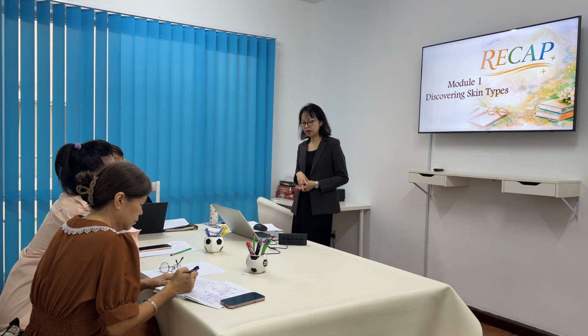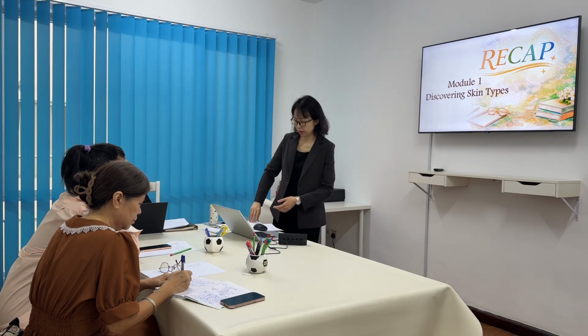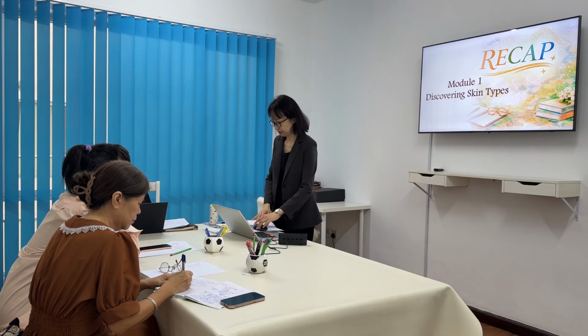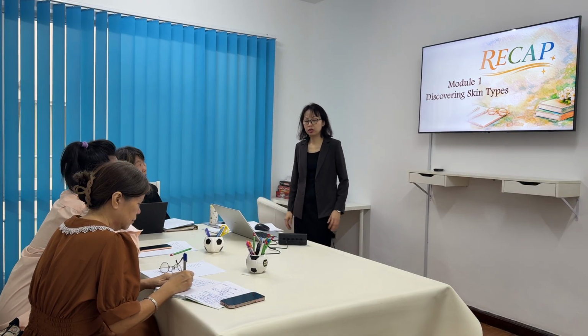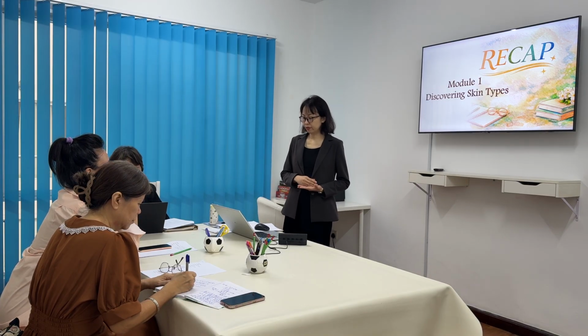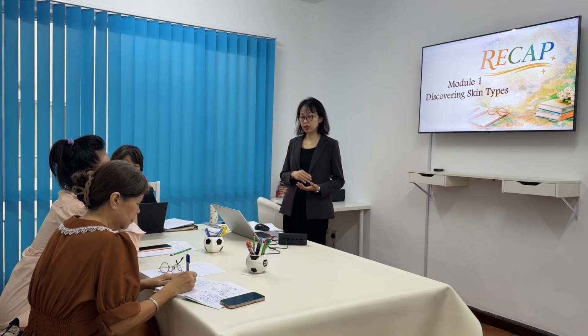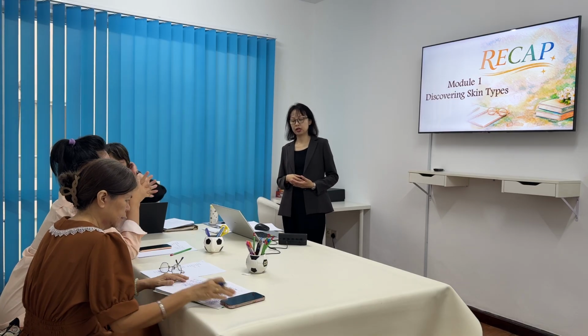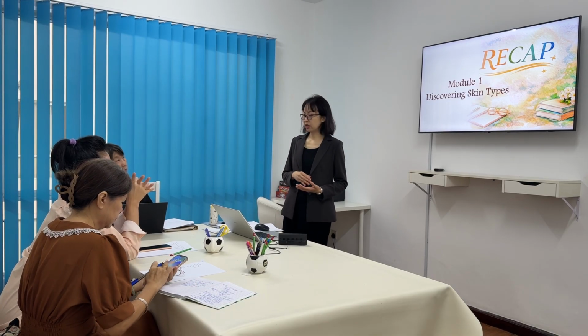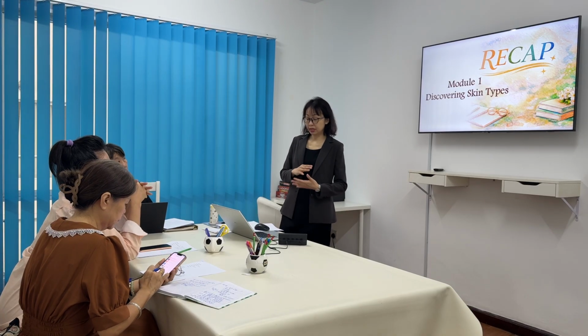So why does Module 1 matter so much? Because once skin type is clear, you stop relying on trial and error. You make lower risk decisions, you avoid unnecessary skin instability, you support long-term comfort and resilience, and when skin is treated correctly, confidence follows naturally. This is what Module 1 is really about. When you understand skin types properly, you stop guessing.